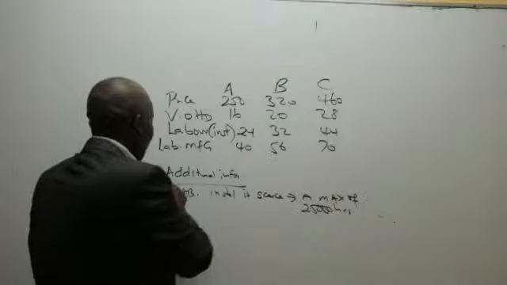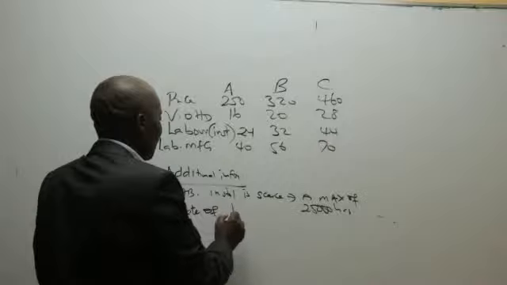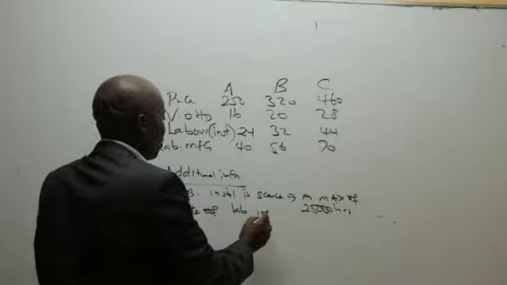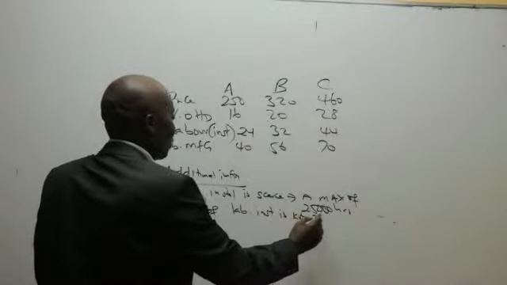And then the rate of labor installation is Kenya shillings 2 per hour.